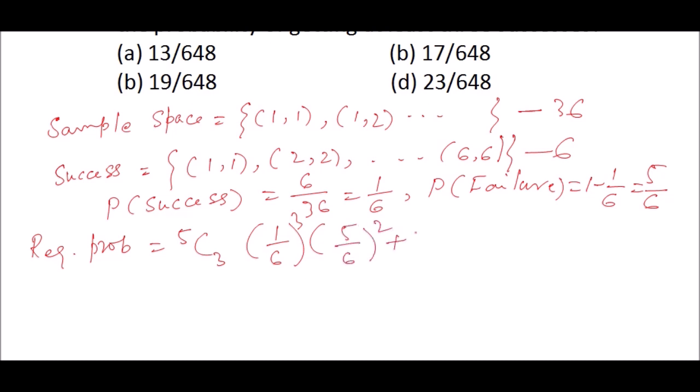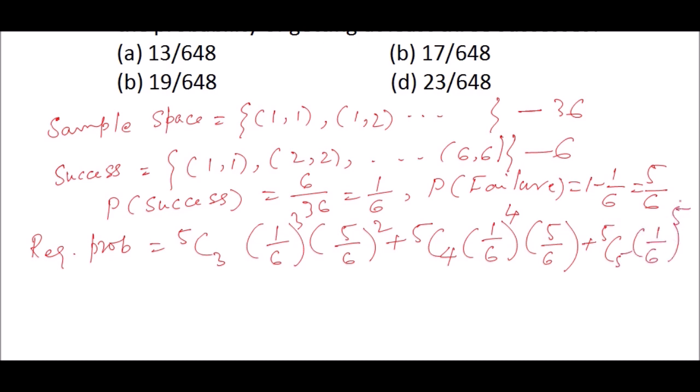And in this way, then exactly 4 successes, 1 by 6, and all the 5 successes, this is our required probability.